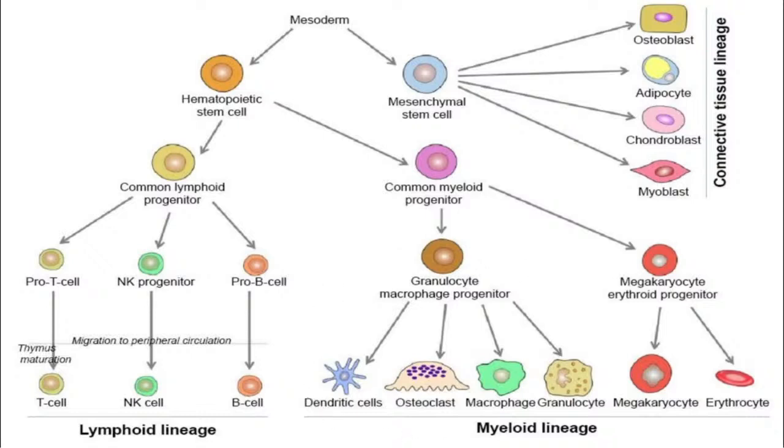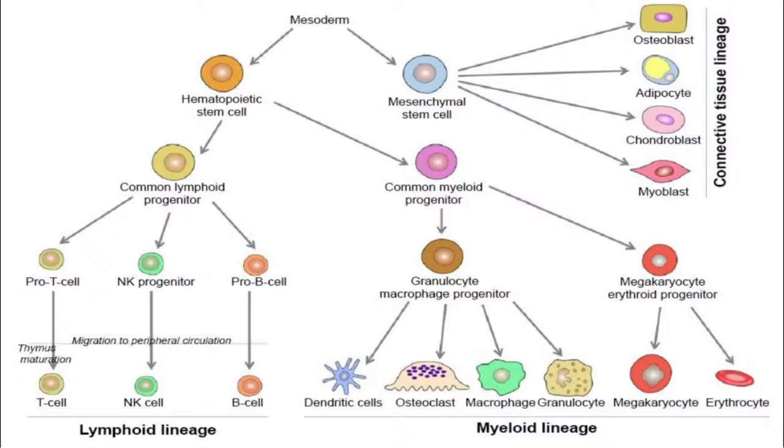And another is the macrophage progenitor cells. Look, from pre-monocytes, the precursor of monocytes, can develop dendritic cells, osteoclasts in bone, classical macrophages, and granulocytes can also develop from the myeloid line. It's not the macrophage line, but a common origin only.